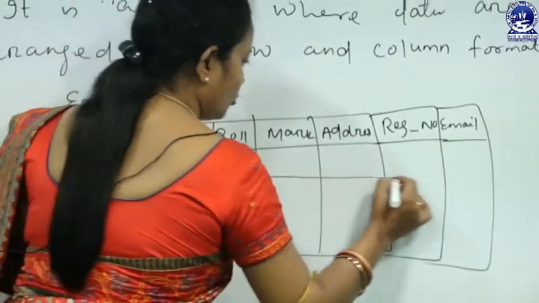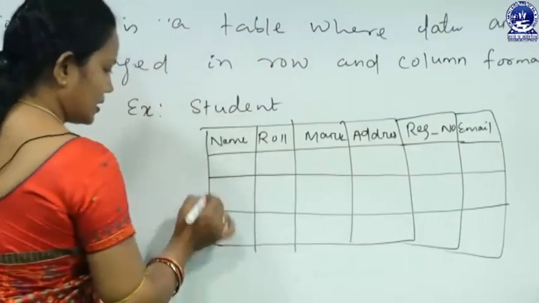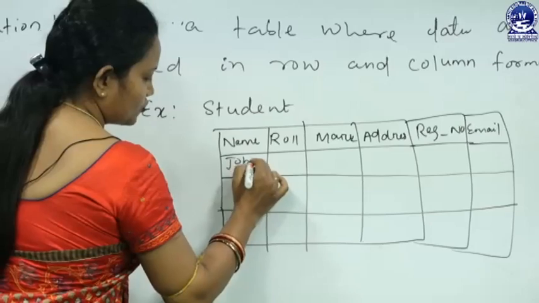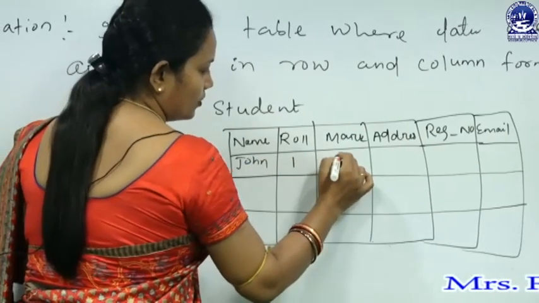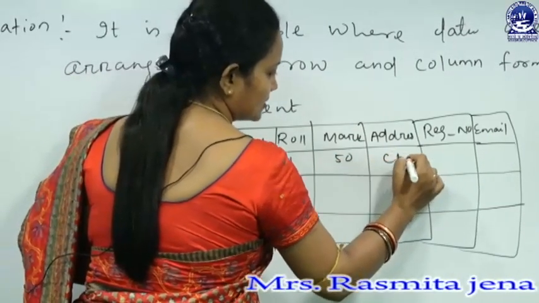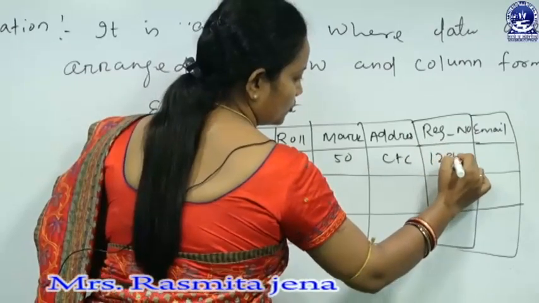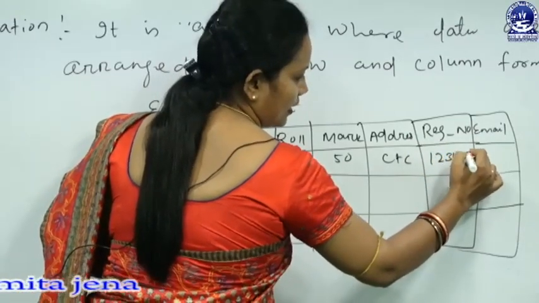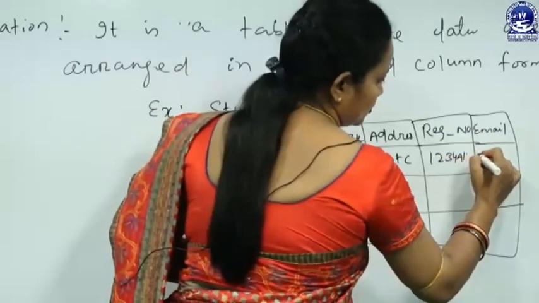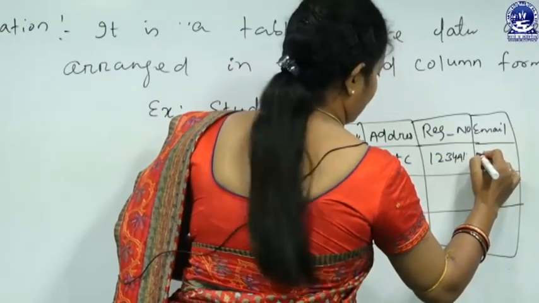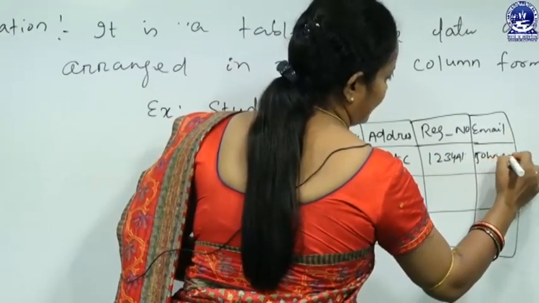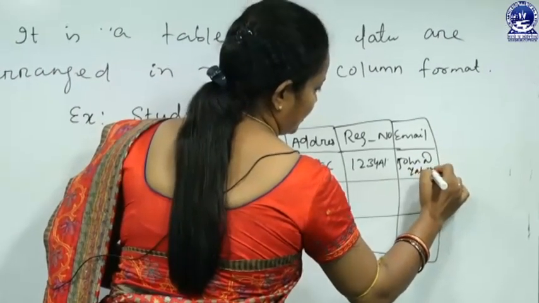In this table we must store some data. Suppose name of the student is John, roll is 1, mark 50, address, registration number 1, 2, 3, 4, A1 and email is john@yahoo.com.